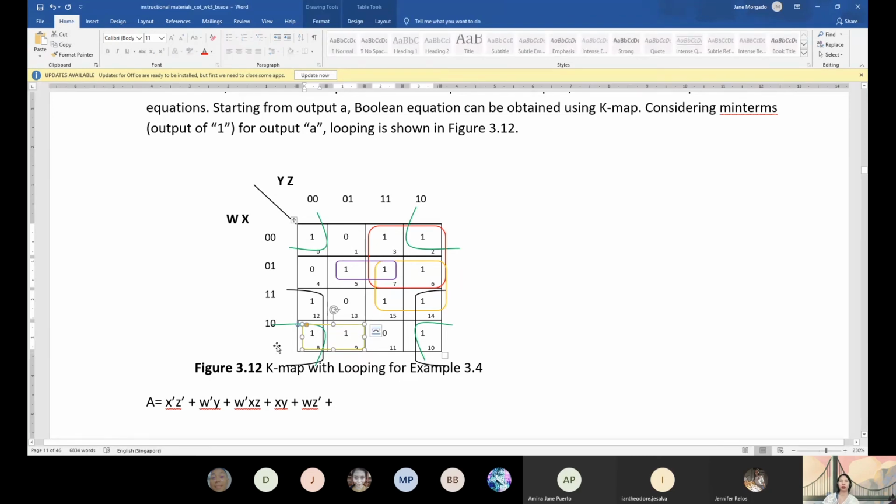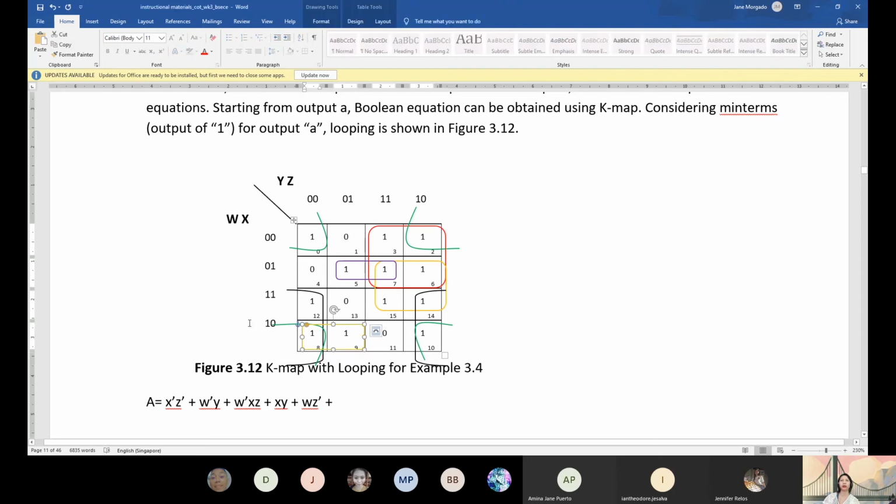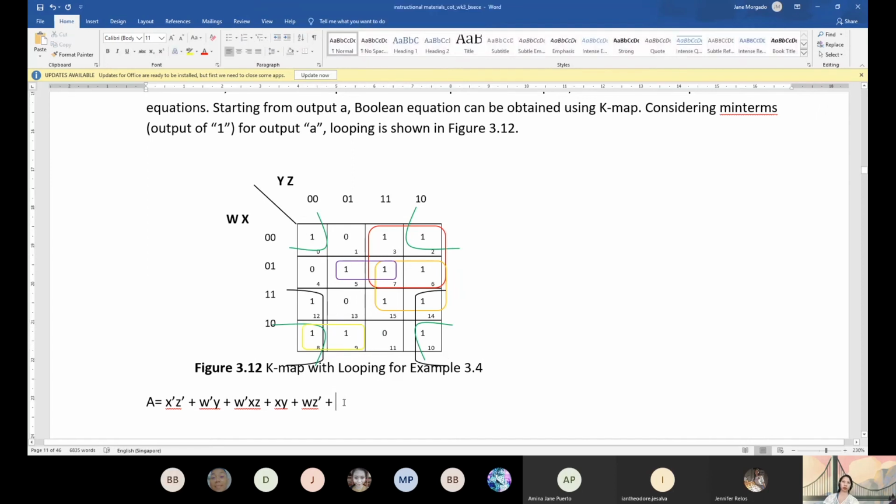The yellow loop exists because of minterm 9. It groups the minterm, the one here with 8. For yellow, we have 1, 0 for WX, so we only have one value. W is 1, X is 0. So what shall we write? WX prime.